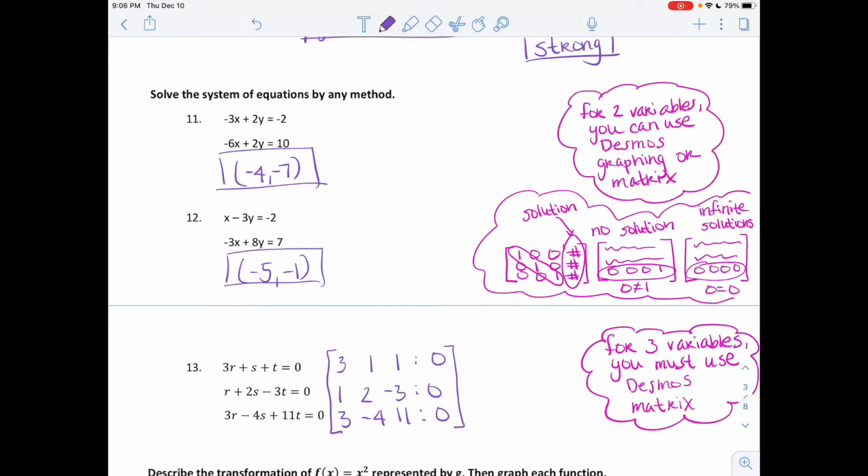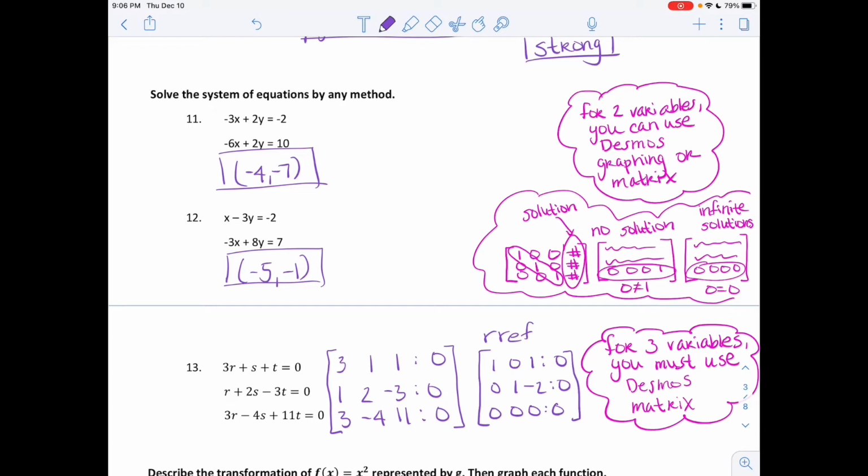From Desmos Matrix, we had our reduced row echelon form of our matrix, and it was 1, 0, 1, 0, 0, 1, -2, 0, and 0, 0, 0, 0. It didn't have the colons in there, but we know that they're there to indicate the equal signs.